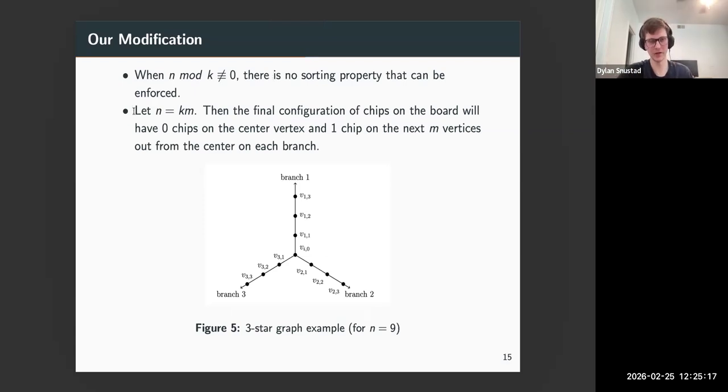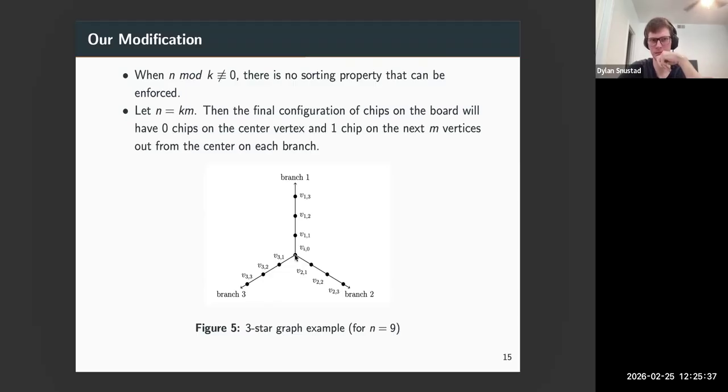But you can let n be km. So if k is my number of branches, I'm basically just going to look at multiples of k, right? And when we do this, then the final configuration of chips on the board will behave very nicely, where we'll get 0 chips on this center vertex here.